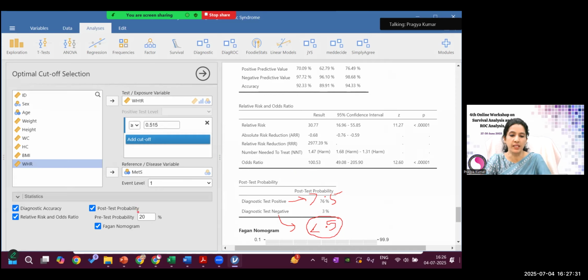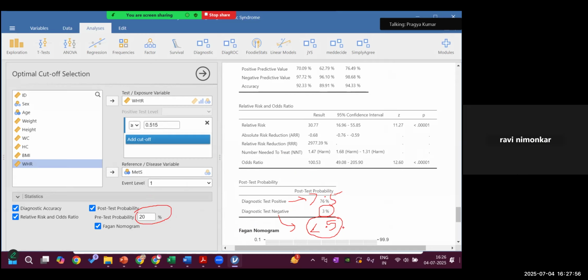Pre-test was 20%. If you don't measure that person, you will say there is a 20% probability. If you have taken the waist height ratio, then it has decreased to 3%. So it's a good indicator. If your negative has decreased and your positive has increased, that means you are coming near to ideal.